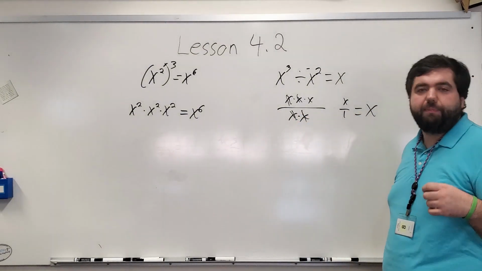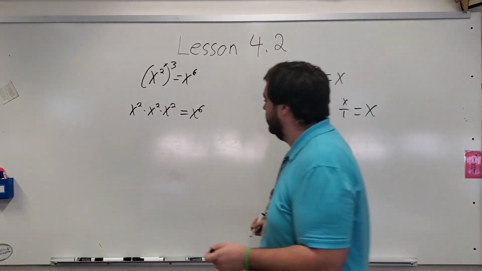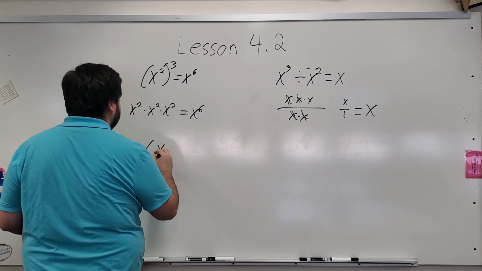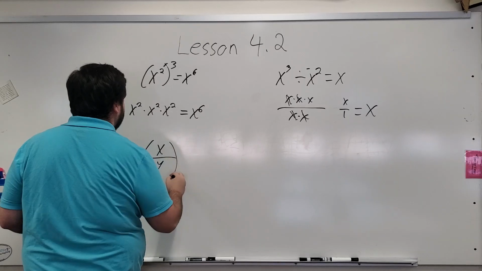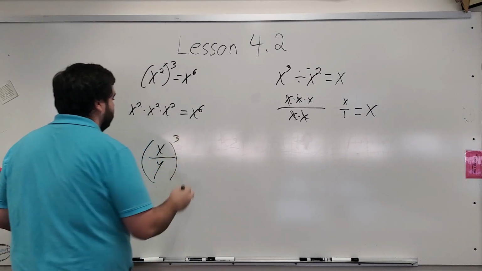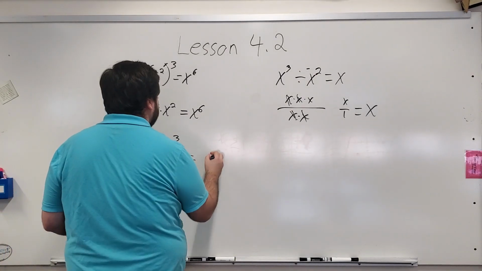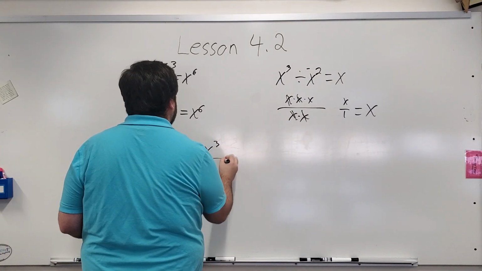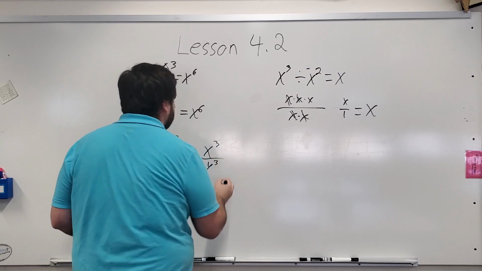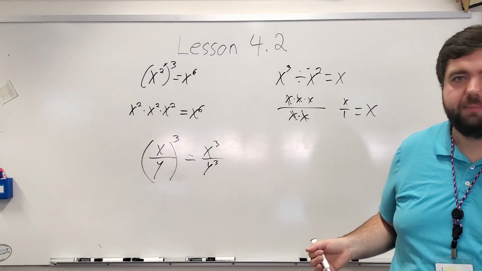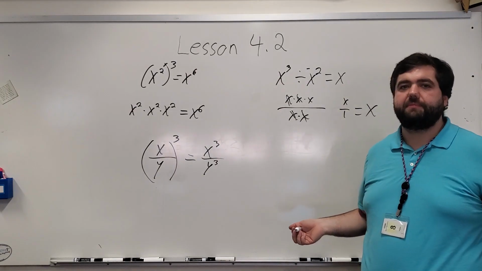Next, I have the power of fractions. So what I do here is, let's say I have x over y, that whole fraction raised to the 3rd power. Well, that just becomes x to the 3rd over y to the 3rd.